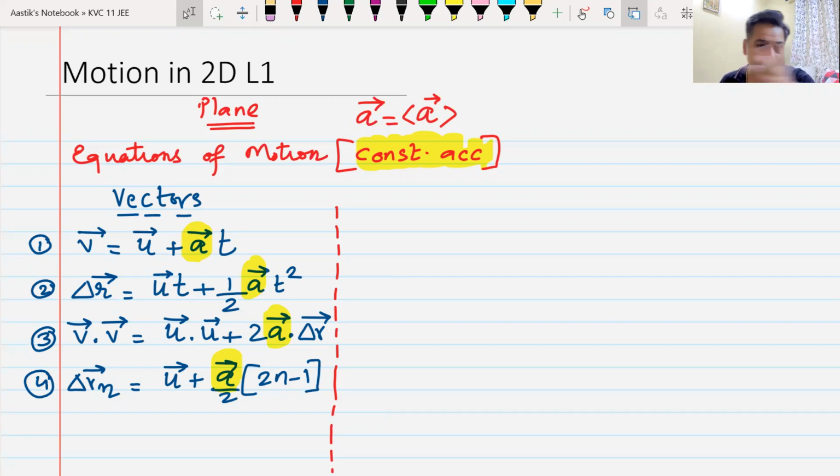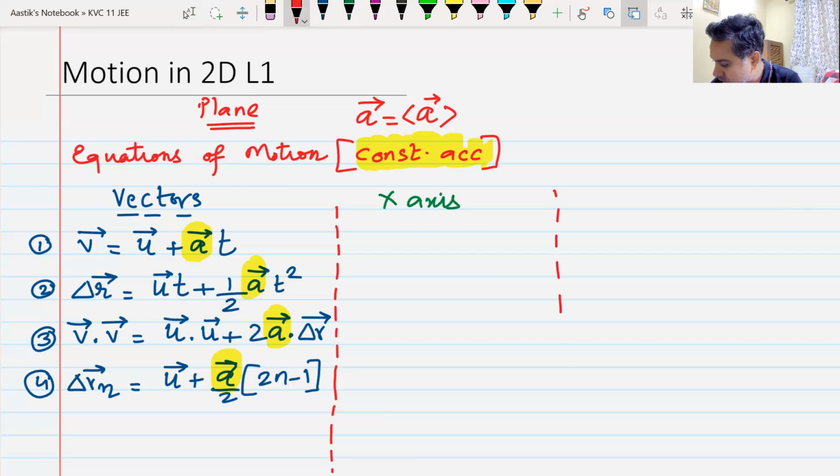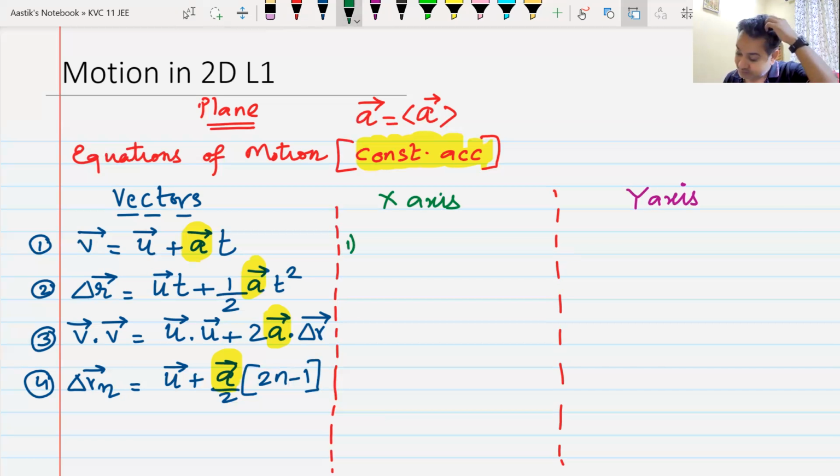Problem number 2 is we have to use plus and minus for sign convention. So we can write different equations along different axes. One axis would be the x-axis and the other would be the y-axis. If I don't want to write it in terms of vectors, then I have this option of using the x-axis and the y-axis. What is the first equation that I can write along the x-axis?